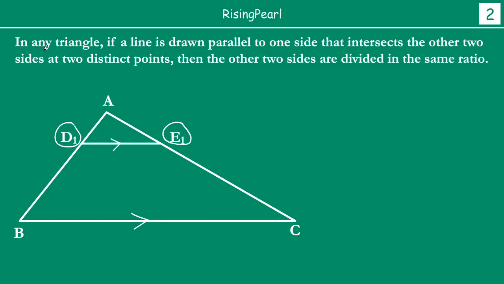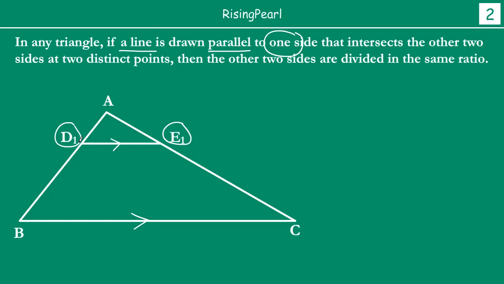So in a triangle, if a line, in this case our line is D1, E1, is drawn parallel to one side of the triangle, the one side we chose is side BC, that intersects the other two sides at two distinct points.